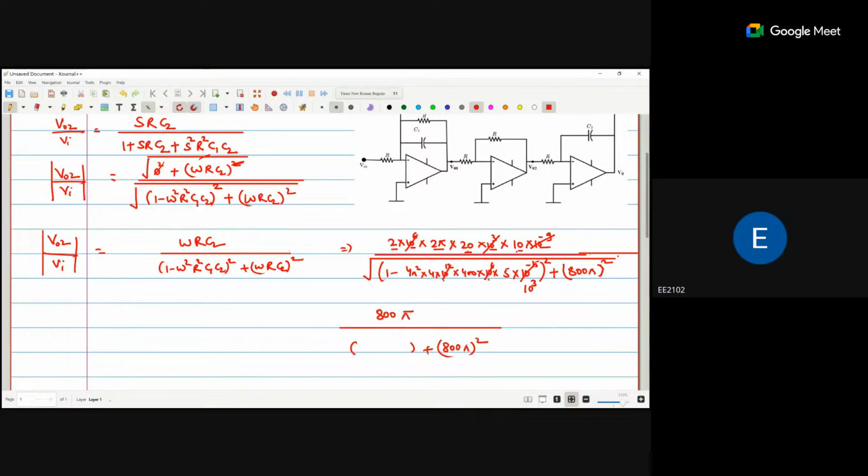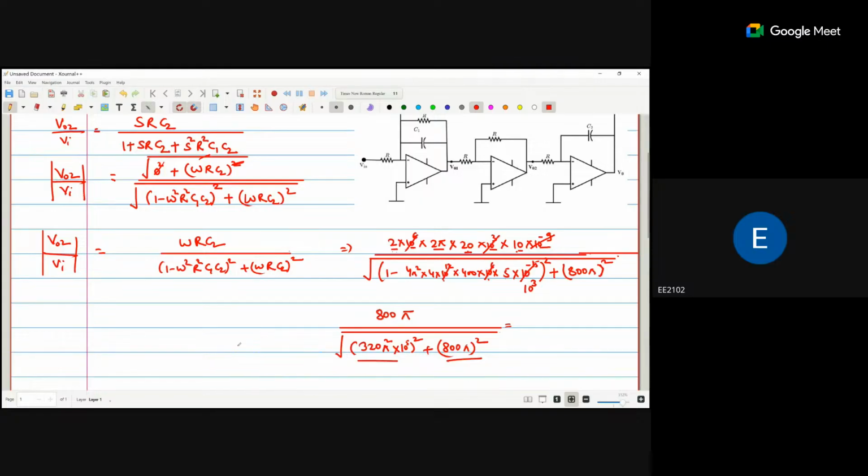So it becomes 16, 64, 64 times 5 is 320 pi square into 10 raised to power 5, square and root of this one.